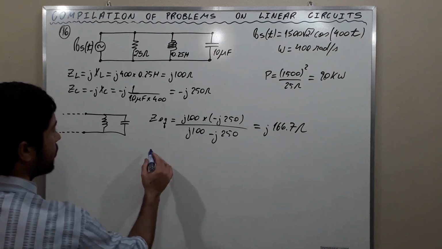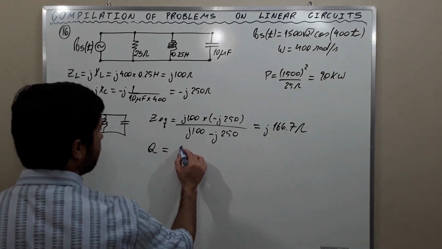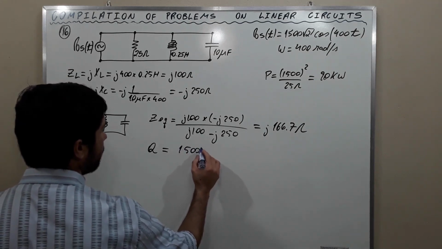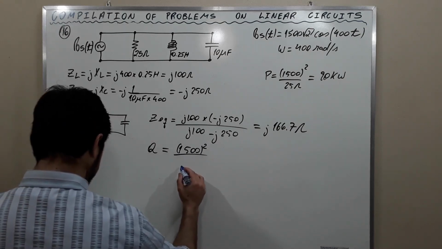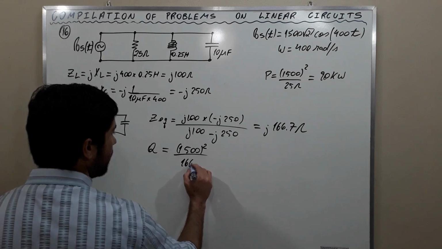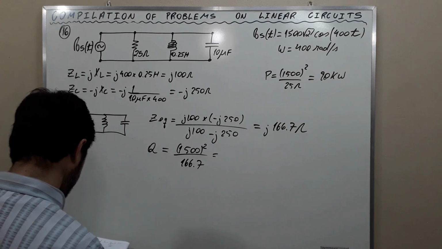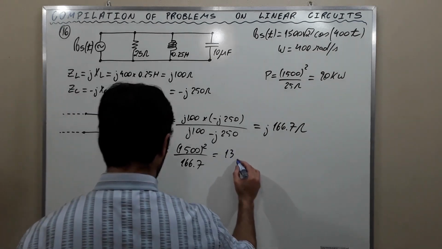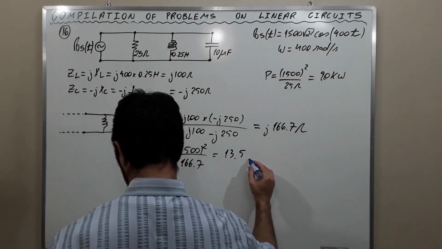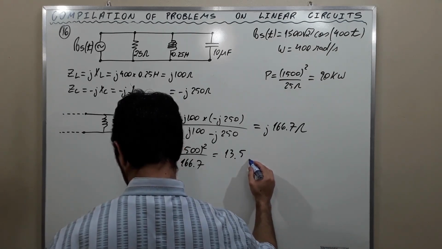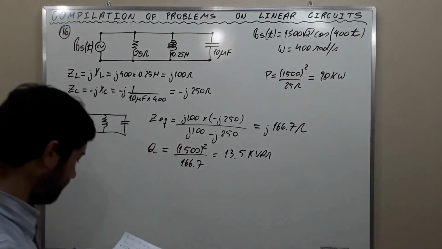If we use the formula for the reactive power, V squared divided by 166.7, we find a value of 13.5 kVAR, okay?